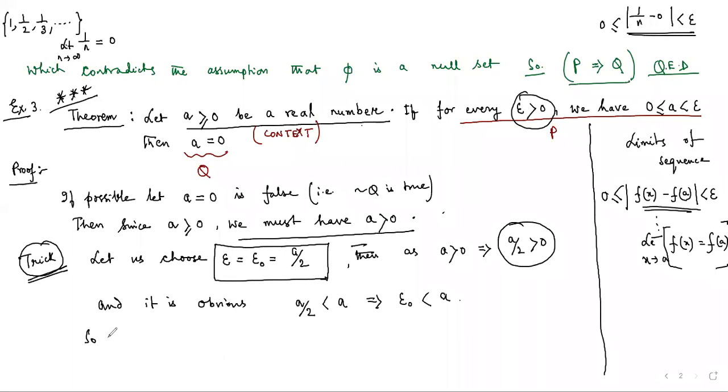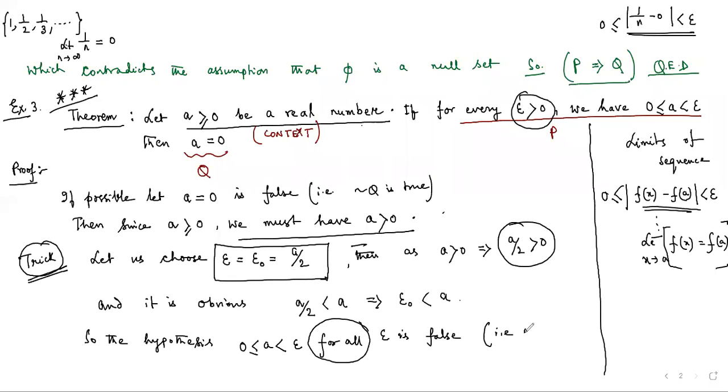So the hypothesis, 0 less than or equal to a less than epsilon for all epsilon, is false. That is, not P is true.